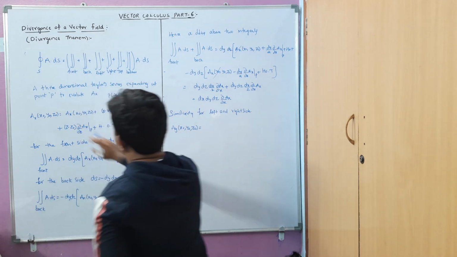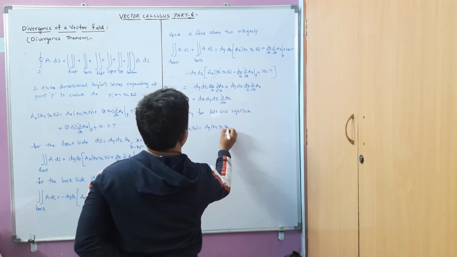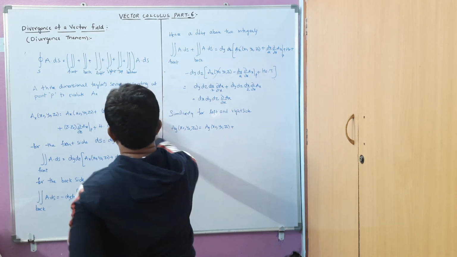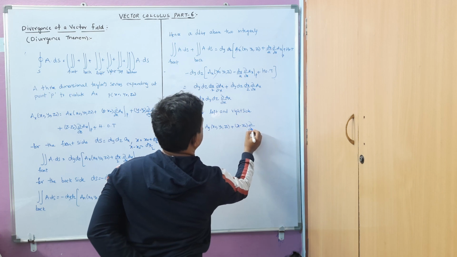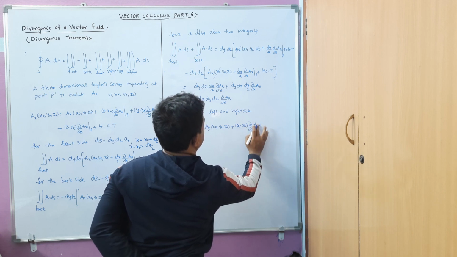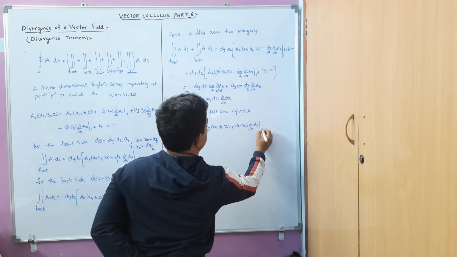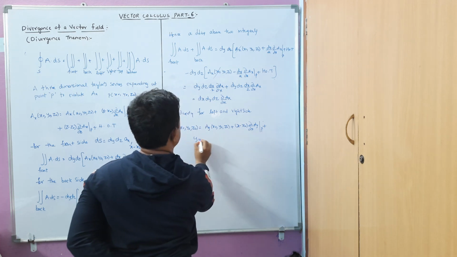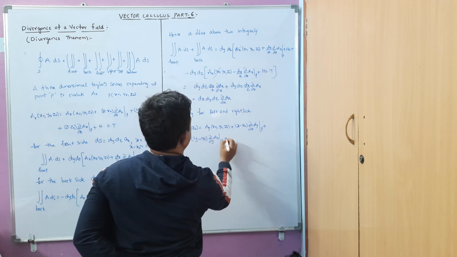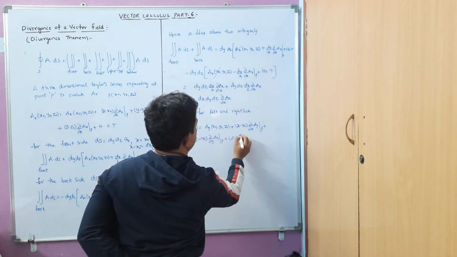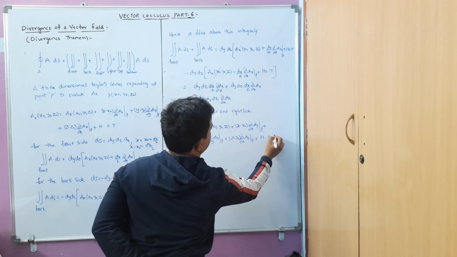This will give me Ay of x naught, y naught, z naught plus, I will get the same thing, that is x minus x naught into dou by dou x of Ay at point P, plus y minus y naught into dou by dou y of Ay at point P, plus z minus z naught dou by dou z of Ay at point P, plus higher order terms.